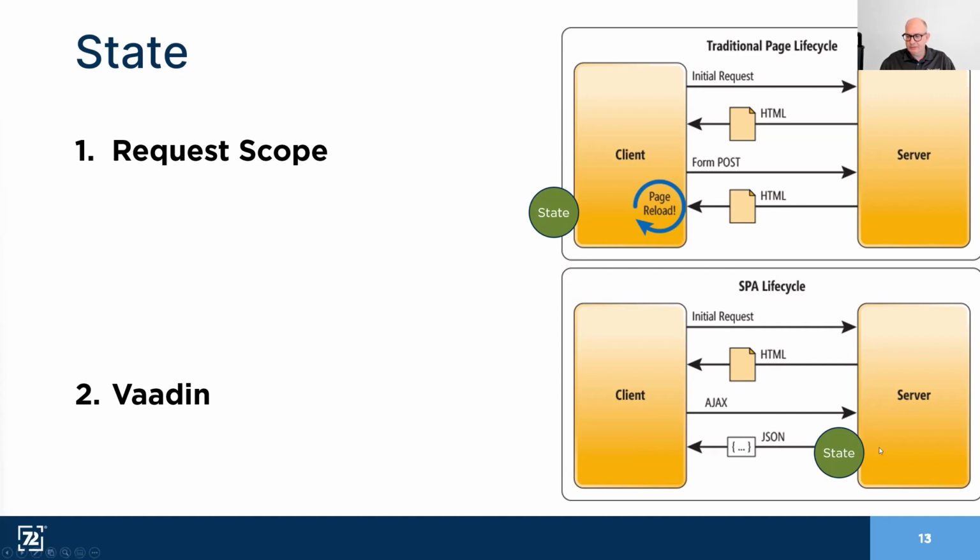So that means you always have a representation of the UI on the server, and you can change, for example, the values of the components on the server, and this will be reflected on the client side, and therefore you have the state on the server.